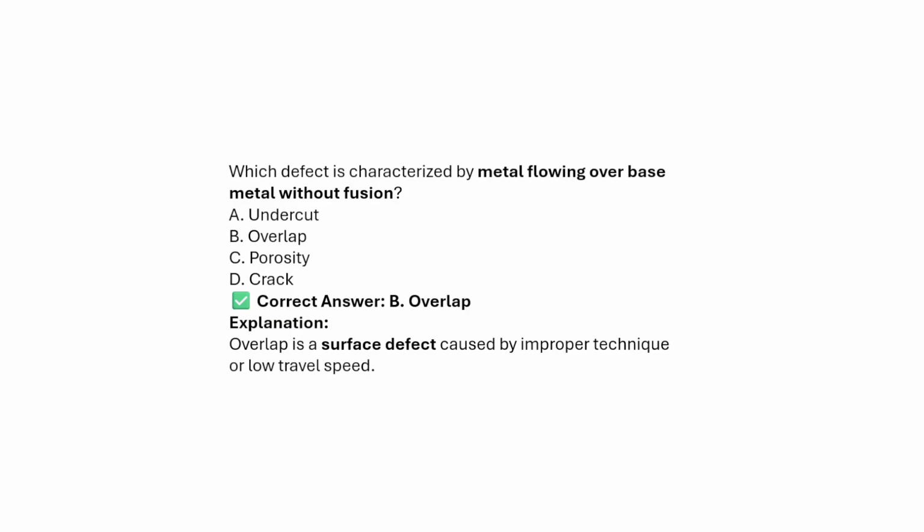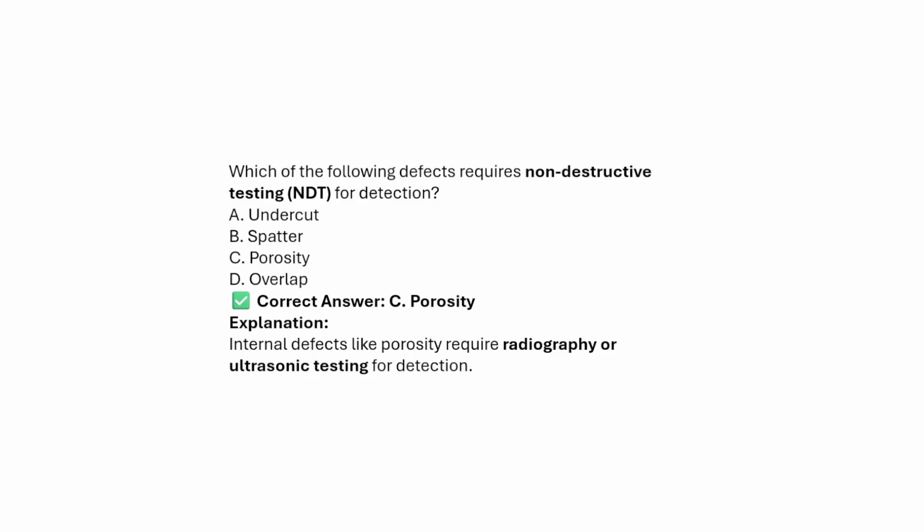Option A undercut, option B overlap, option C porosity, option D crack. So the answer will be B, the overlap. Overlap is a surface defect caused by improper technique or low travel speed.